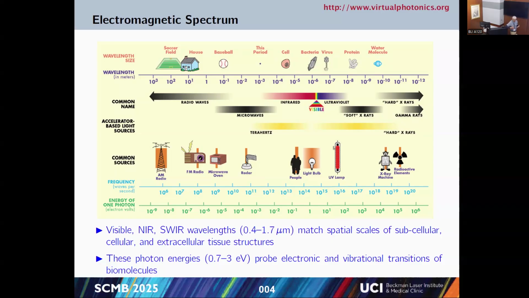So in some sense, the spatial scales over which you're exciting biological systems through the oscillation of electromagnetic waves is almost resonant with the spatial scale of the things that you're interested in probing. Okay. And so these match the spatial scales of subcellular, cellular, and extracellular tissue structures.